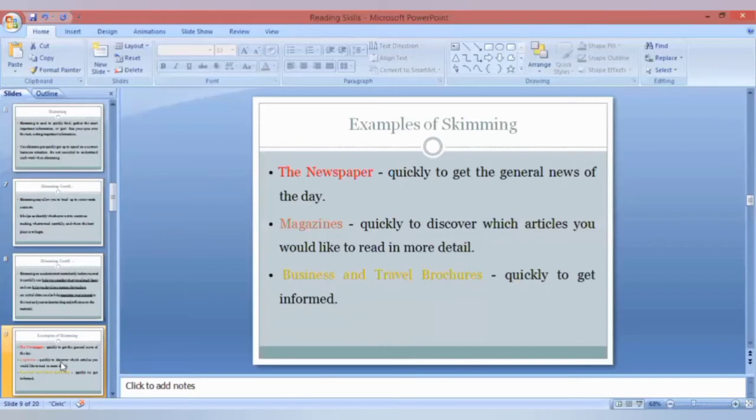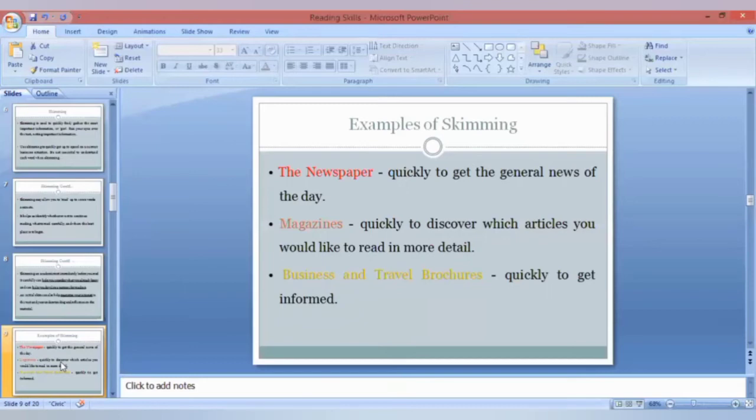So you get this type of information from reading the headlines. And the second is magazines, skimming magazines, looking through the chapters of a magazine. You quickly discover which articles you would like to read in more detail.